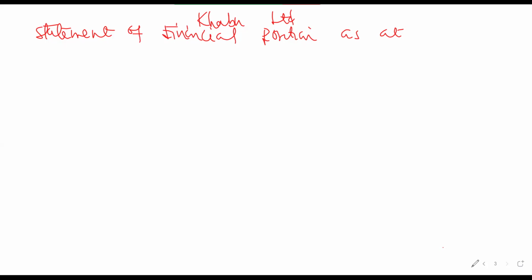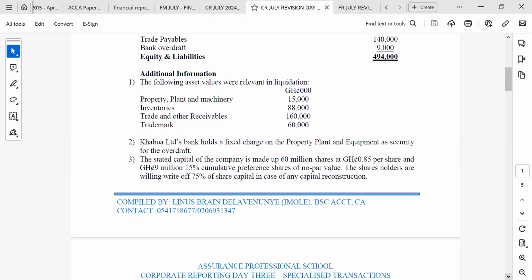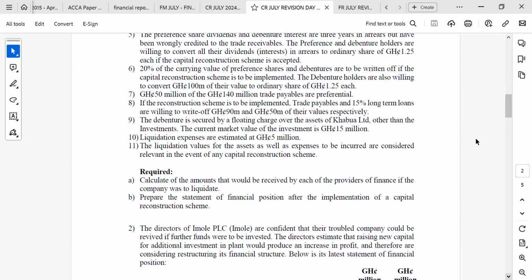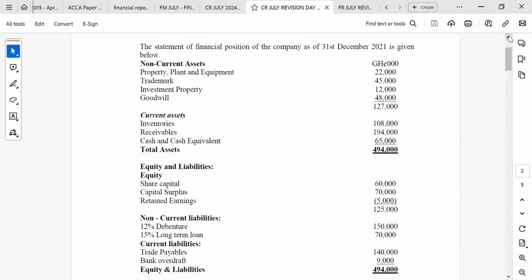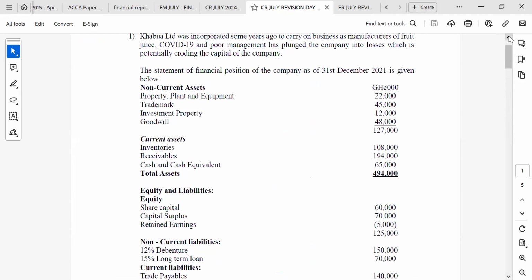Okay. So let's come to the statement of financial position. This will be prepared immediately after the reorganization. So you can just put the date of preparing this financial statement. What is the date? 31 December, isn't it? Okay.